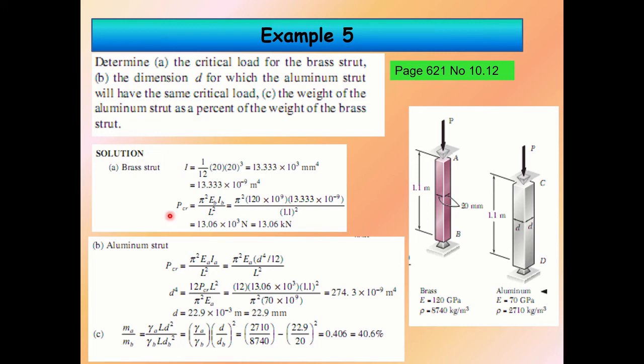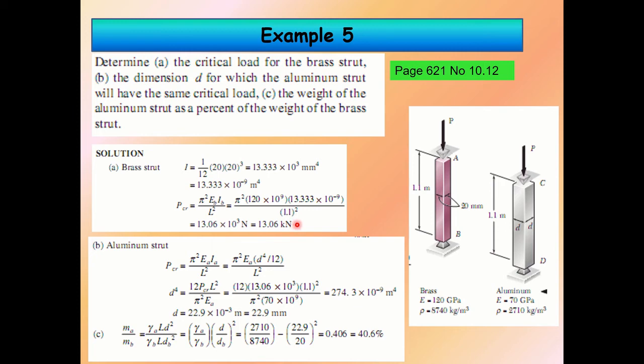Okay, this is the formula to determine the P critical for brass. This is the inertia formula for brass, bd cubed over 12. Substitute the I for brass into the Euler formula. So the P critical for brass is 13.06 kilonewton.